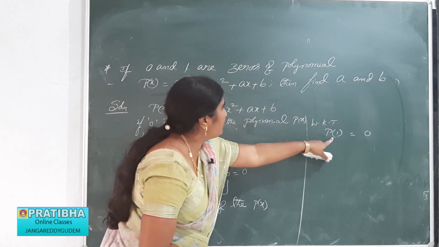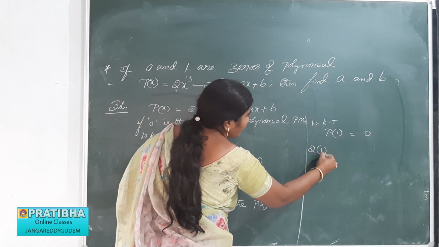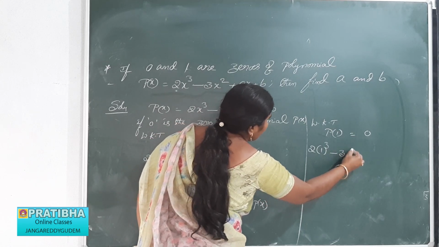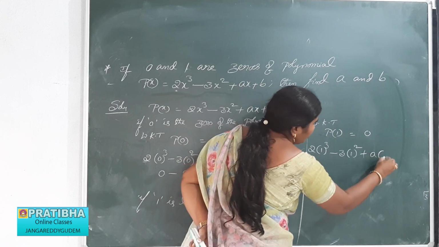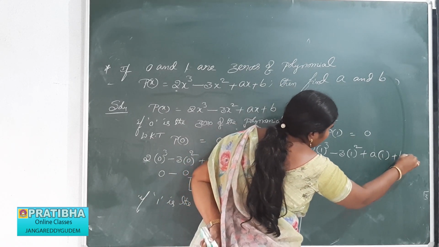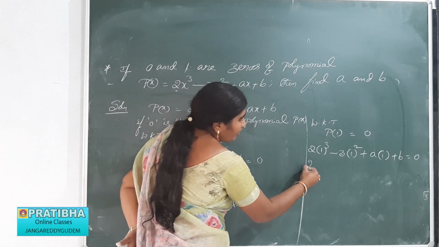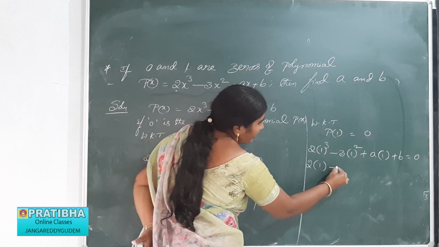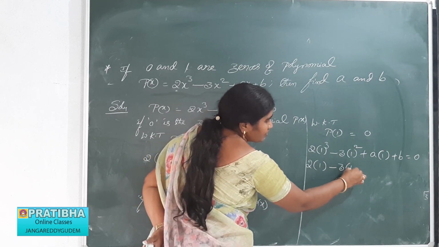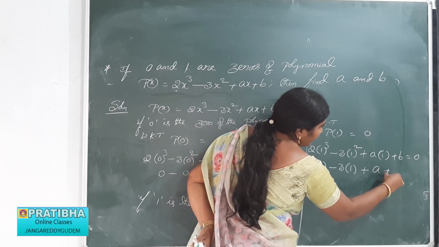Substitute x equal to 1 in this polynomial. 2 into 1 cube minus 3 into 1 square plus a into 1 plus b equal to 0. 2 into 1 cube value is 1, so 2 into 1 minus 3 into 1 square value is 1, plus a ones are a, plus b.